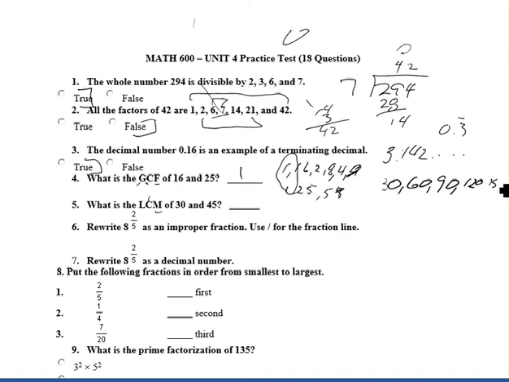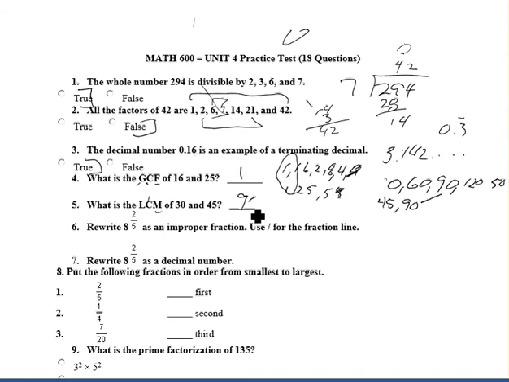I'll stop there. Now let's do 45. 45 times 1 is 45, 45 times 2 is 90. There, we got something common. Since we're trying to find the least, 90 is going to be the littlest.